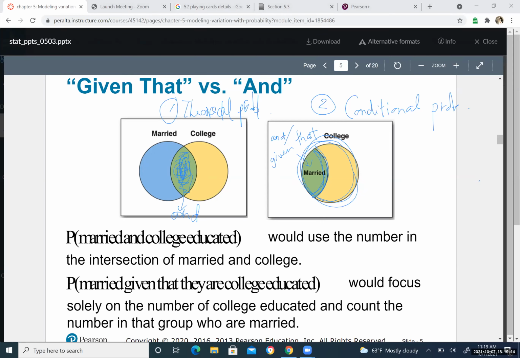Okay, so below here they describe for us these two examples that I just explained from the textbook. You can take 1 minute to read them.